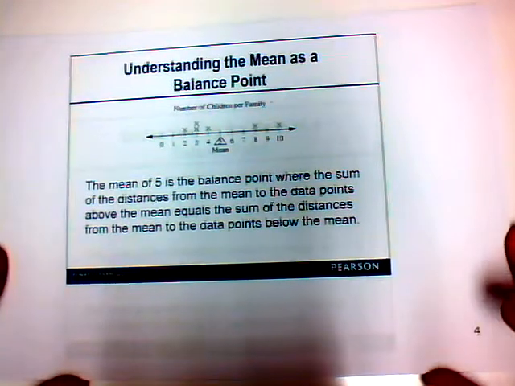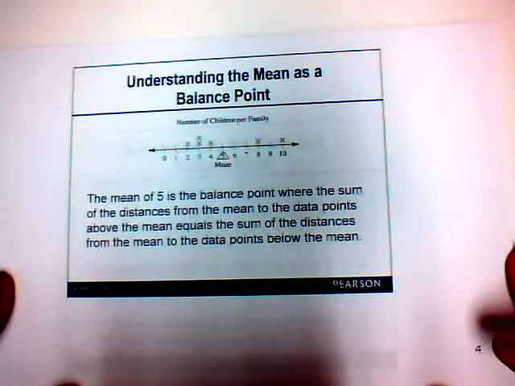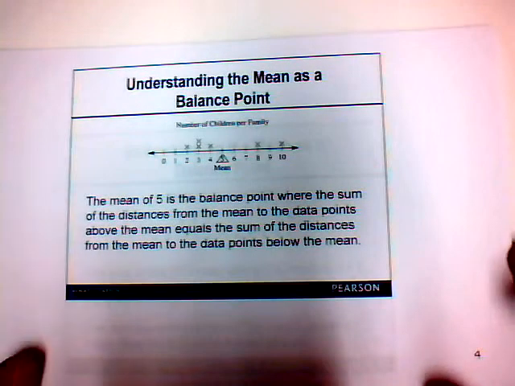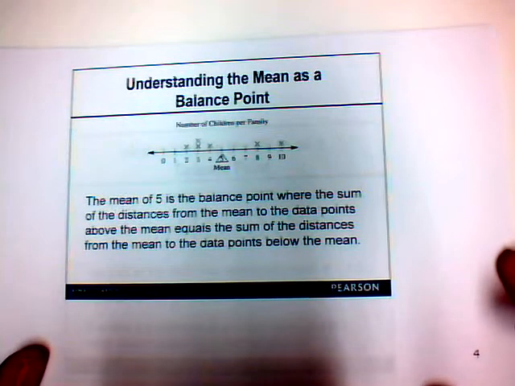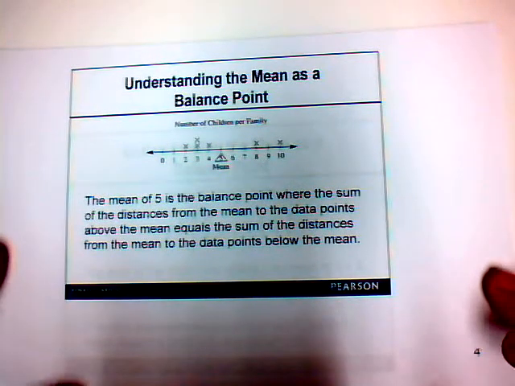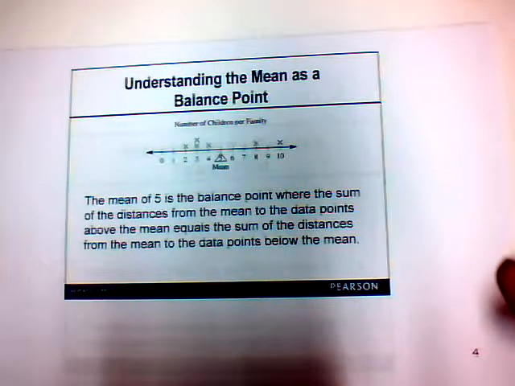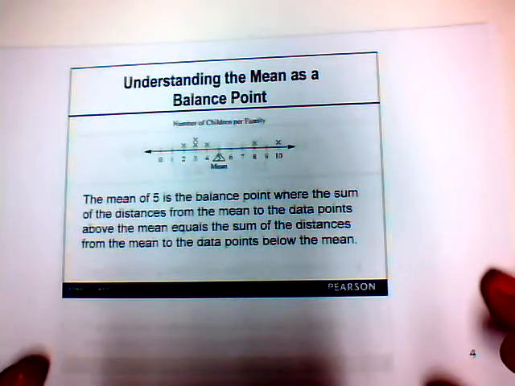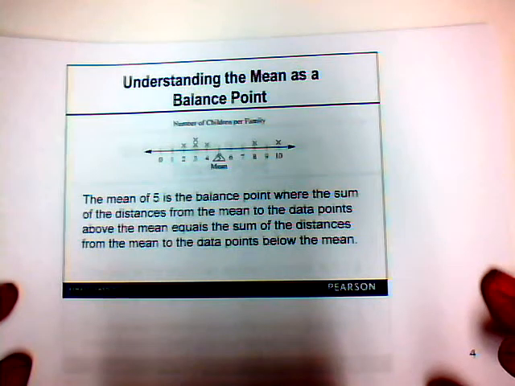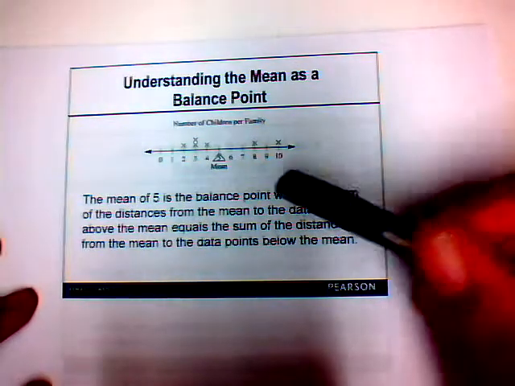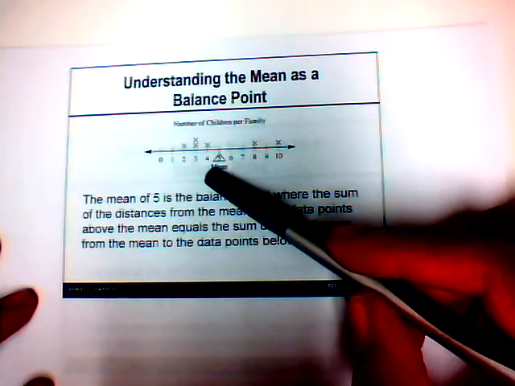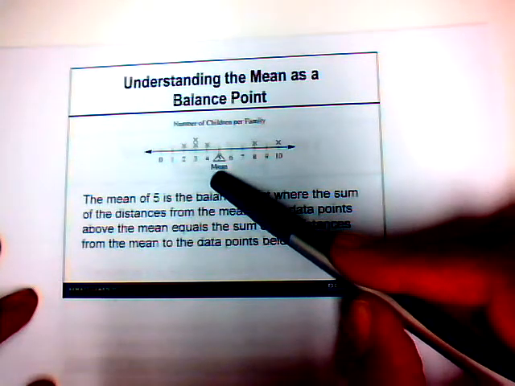Now, to understand the mean as a balance point, here we've got the mean of 5. That's going to be the balance point where the sum of the distances from the mean to the data points above the mean equals the sum of the distances from the mean to the data points below the mean. So this mean is 5, and that's our balance point.